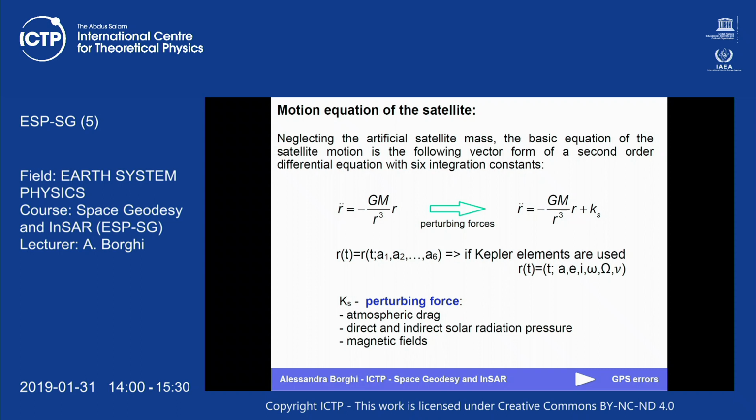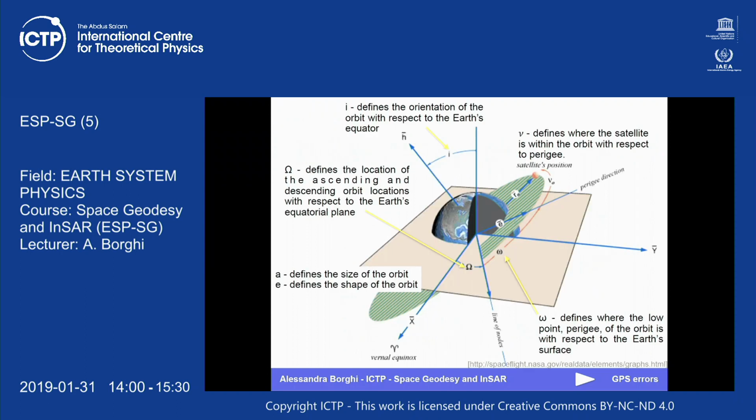quantity. It can be expressed in terms of 6 Kepler elements. Okay, and in the next figure, I put a plot by NASA where there are the definitions of the 6 parameters that give us the position of the satellite.